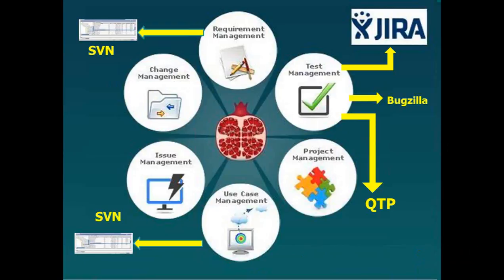In addition to those 6 circles you see in front of you, Rommana has also started to support recently 2 more processes, and those are document management. Rommana has very strong support for document management, and allows you to create documents even aside from the project.